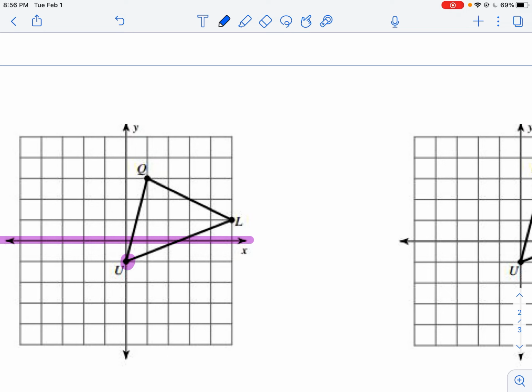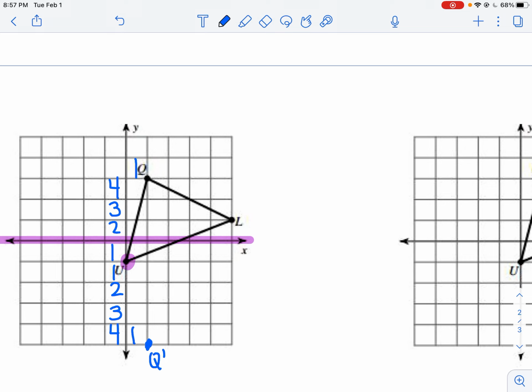So I can see that Q is 1, 2, 3, 4 spaces up and 1 space over. So I'm going to come right down below and go 1, 2, 3, 4 spaces down, 1 space over, and I'm going to place my Q and call it Q prime. And then I'm going to do the same thing with L. So I'm still going over the x-axis, but I'm using that point U as kind of the central point of reflection.